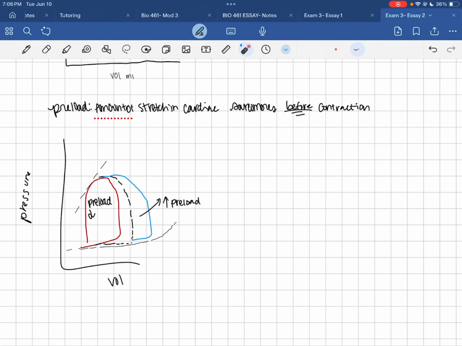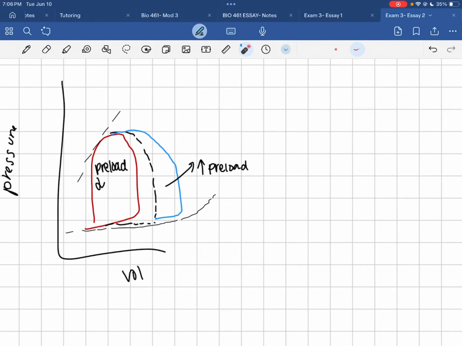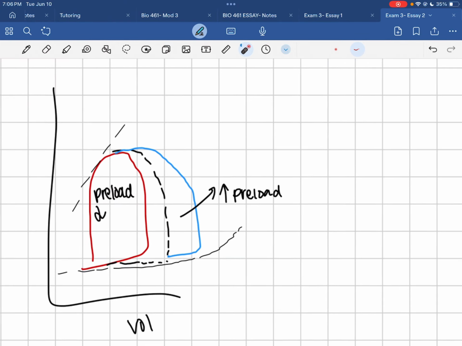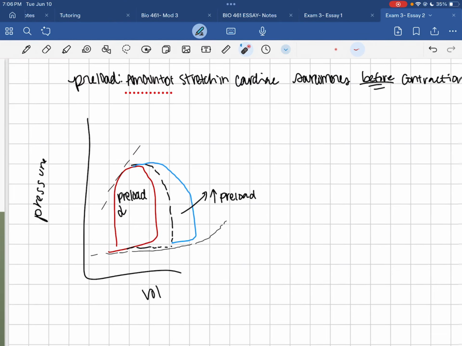Right here you can see preload, which is the amount of stretch in the cardiac sarcomeres before contraction. When we have a decrease in preload, there's going to be less volume in the ventricles, as well as less pressure to get to this point up here.